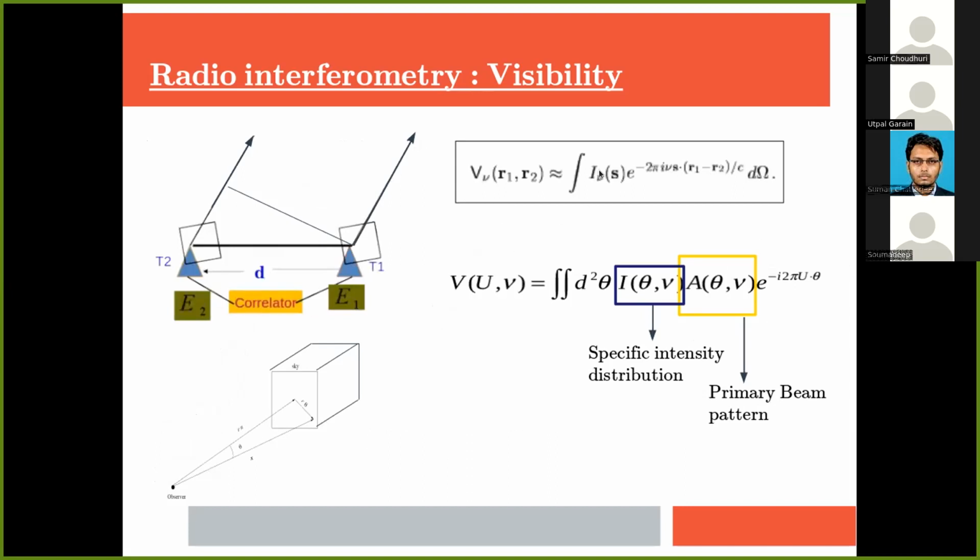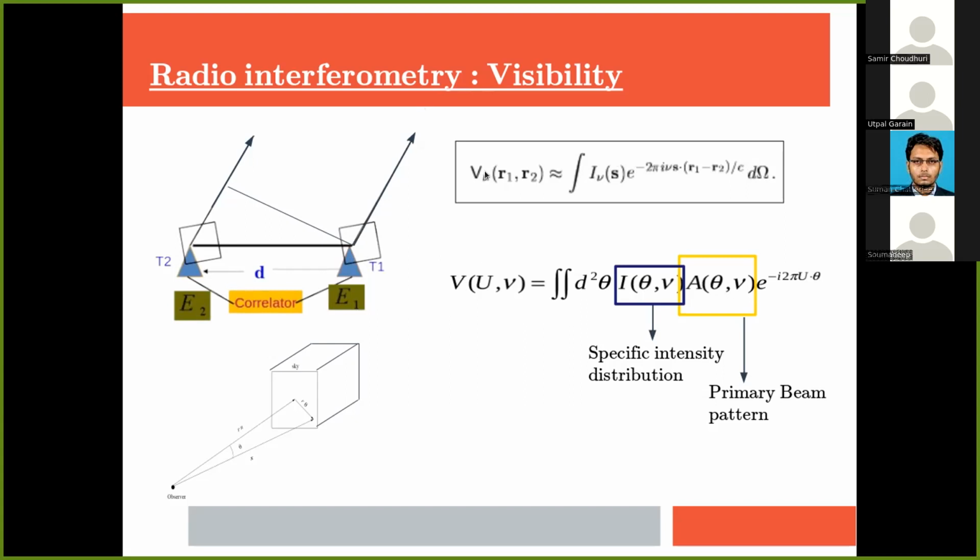We see that the visibility depends only on the difference between the locations of the telescopes on Earth, and this dot s cap means that the component of this antenna separation towards the sky as observed from the point source is what is known as the baseline. So we are measuring the visibilities at a baseline, which is basically given by this (R1 minus R2) dot s cap by C into nu by C.